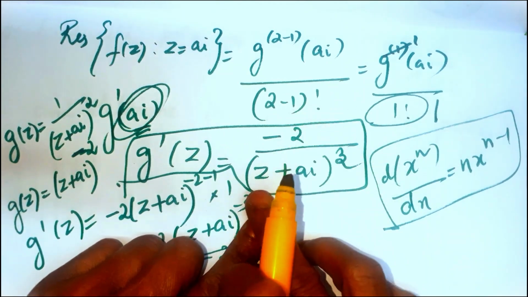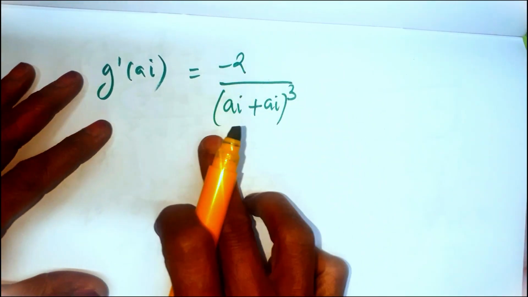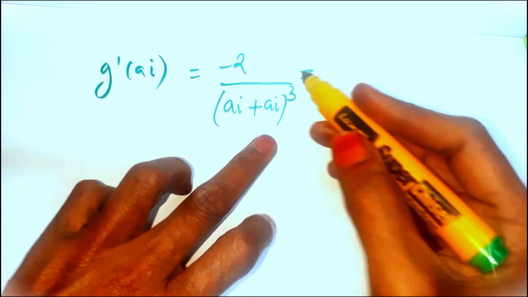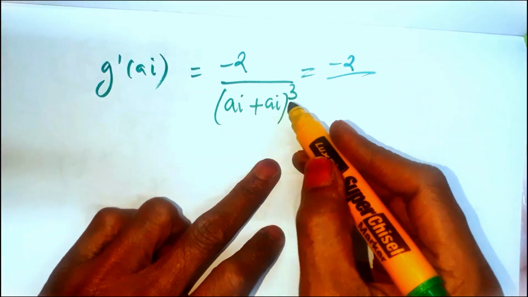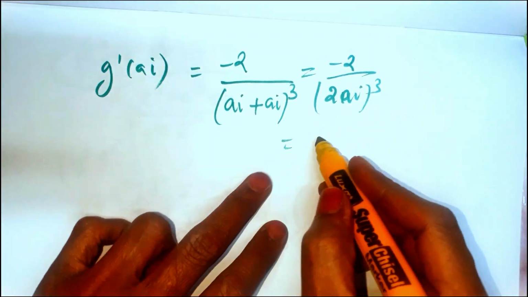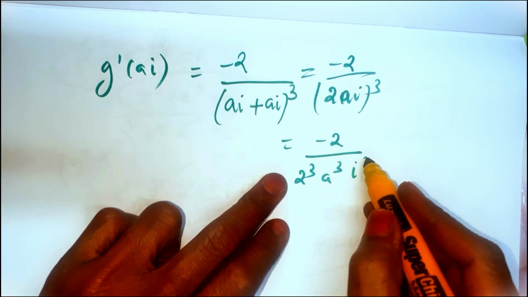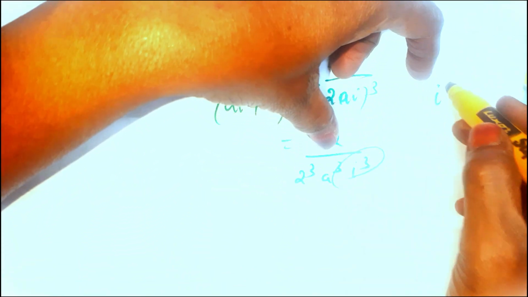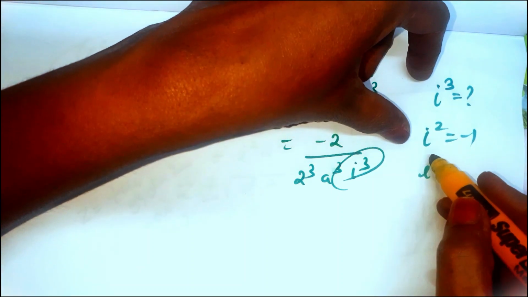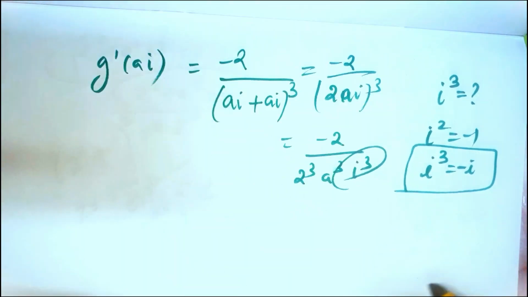So minus 2 by (ai plus ai) power 3, which is minus 2 by (2ai) power 3, which is equal to minus 2 by 2 power 3 a power 3 i power 3. What is i power 3? i squared is equal to minus 1, so i power 3 is equal to minus i.